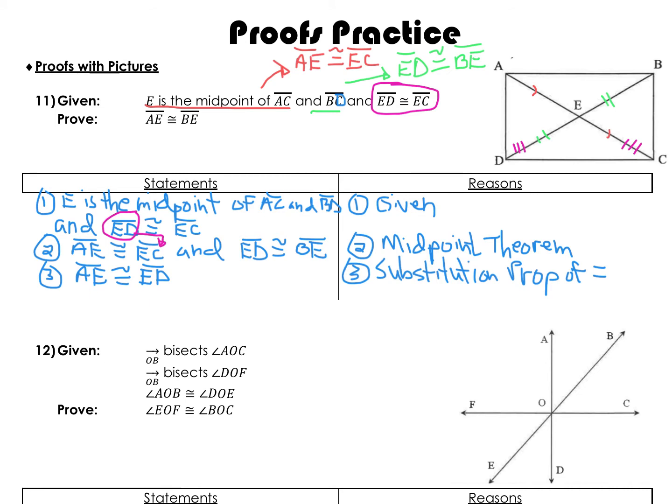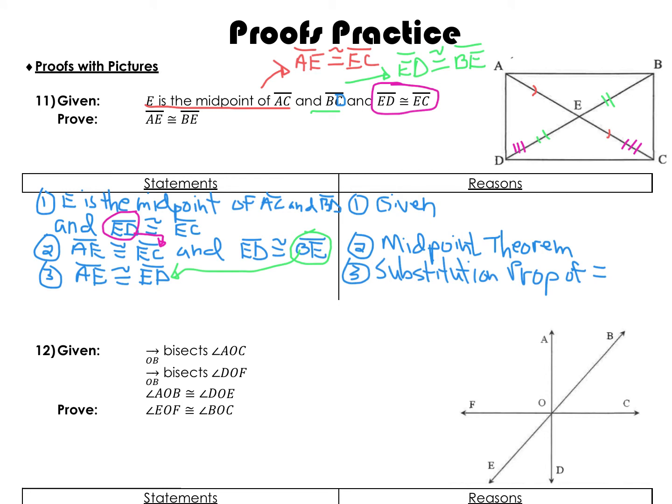So you might want to say that this is a transitive property or the law of syllogism, but it doesn't follow that pattern. But I could substitute in BE for ED here. So this is just another substitution because it doesn't follow the transitive property or the law of syllogism. I'm just substituting in BE into this congruency statement with an equivalent value. Since ED is congruent to BE, I can substitute it in here, and now that's going to equal my proof statement.